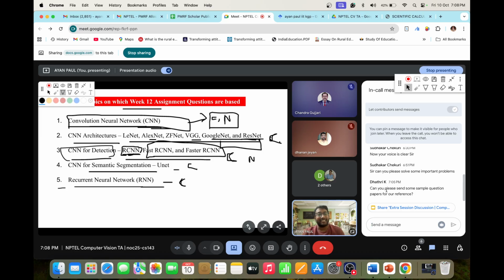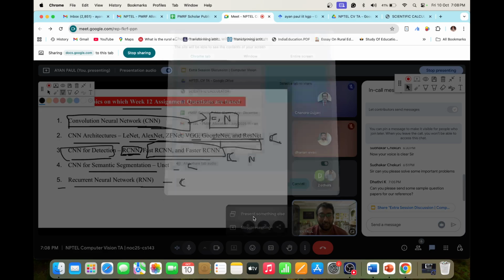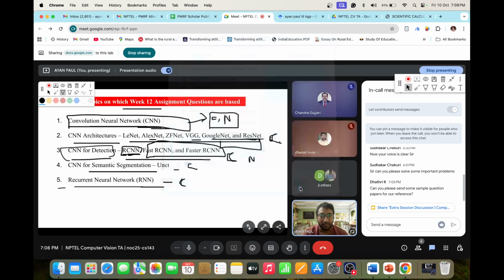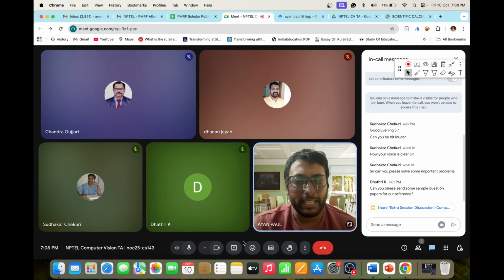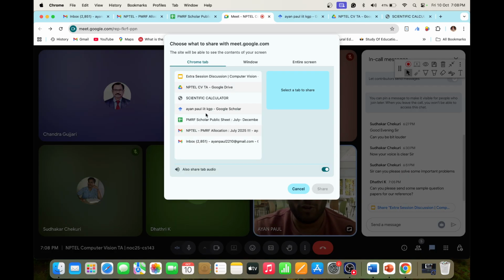Another tip that I want to give you is, from now on, please do all your calculations with the virtual calculator, not your scientific calculator. Let me show you the virtual calculator.